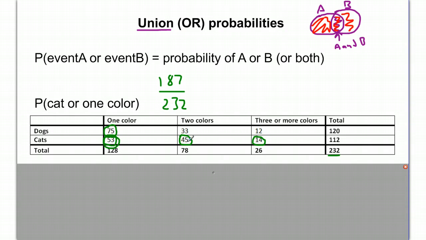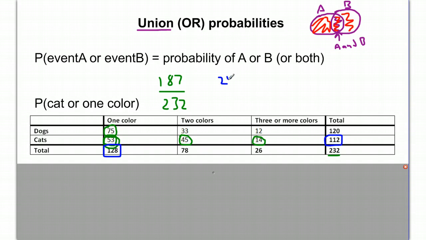If you're looking for a quicker way to do that, in this case, we already have these totaled up here, 112. So I could just take this 112 plus this extra 75 here and get 187. Or if you're looking for something that scales to much bigger tables, you might notice that we can take the total here, 128, and the total here, 112, and if you add them together, you get 240.